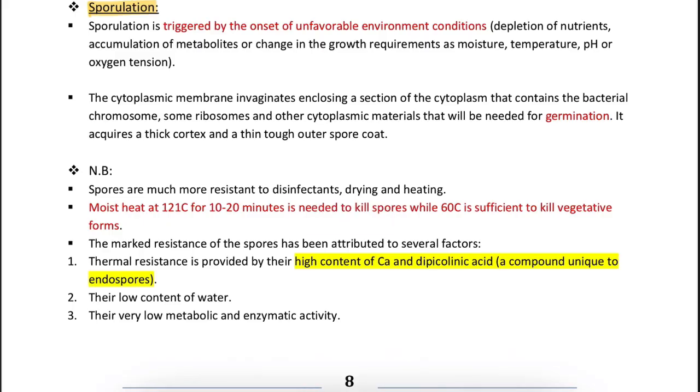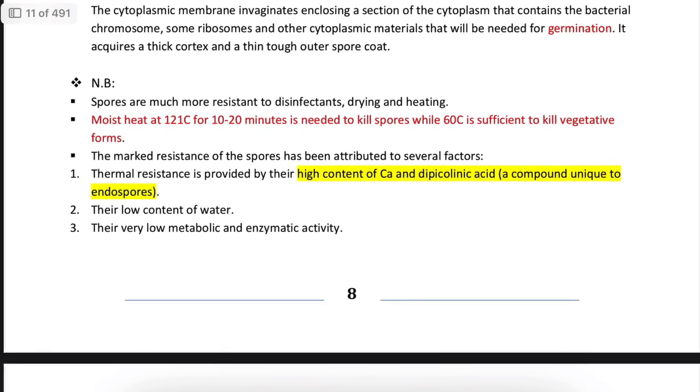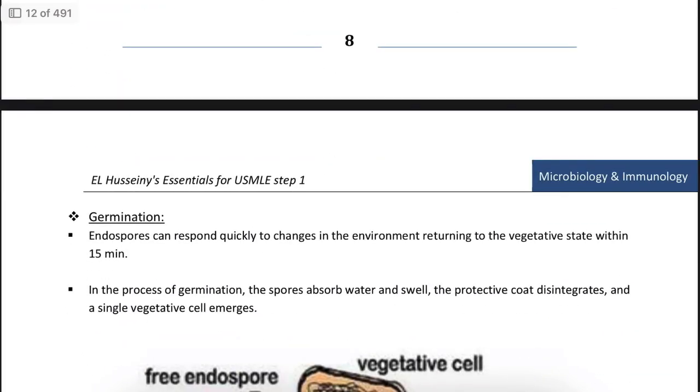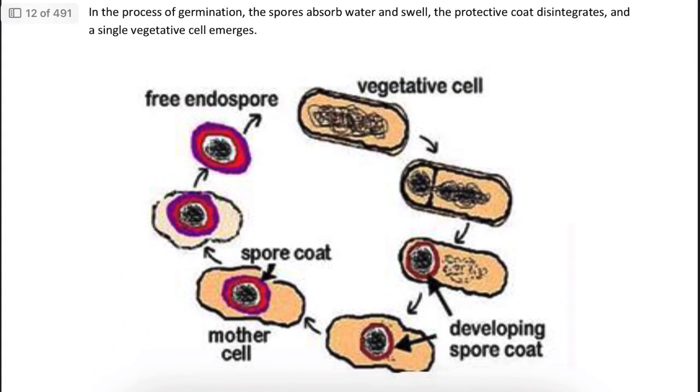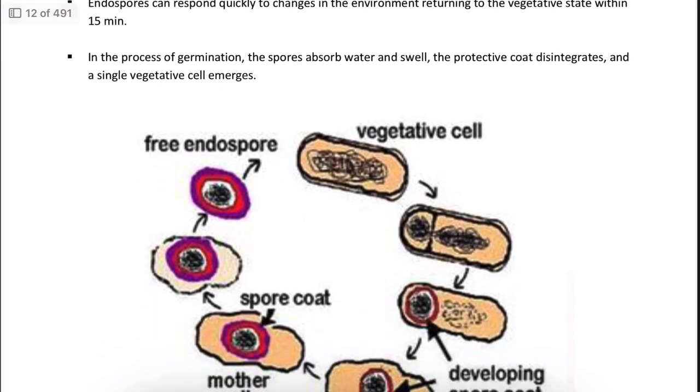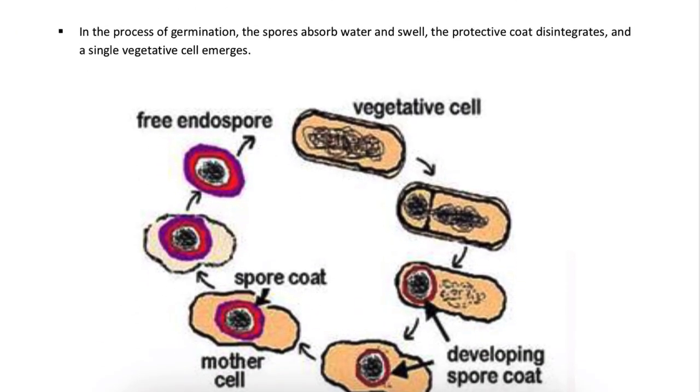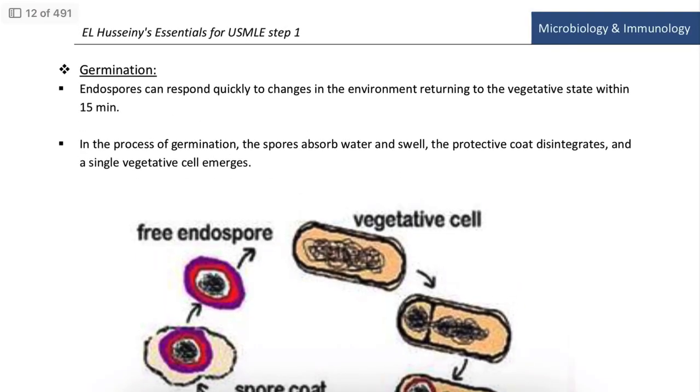Okay, so these are the main important things about bacterial structures. You can see here the spores: we already discussed vegetative cells, then the developing spore coat, the mother cell and spore coat, and free endospores. So in this video we discussed normal flora and bacterial structures.